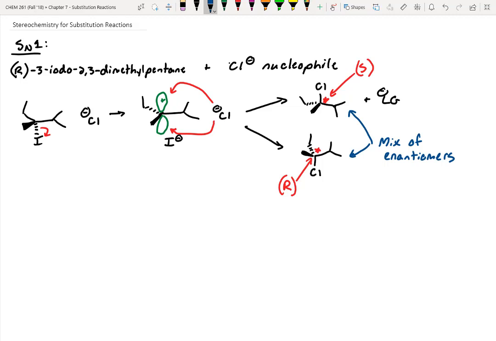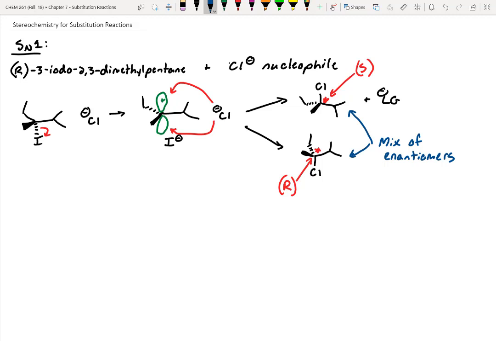I'll give you a hint. Consider your leaving group. Where's your leaving group in that intermediate step? It fell off that bottom face, so it's still hanging out near that bottom face after it falls off, right? So do you think the chloride ion prefers to attack from the top face or the bottom face? The top face, a little bit, right?